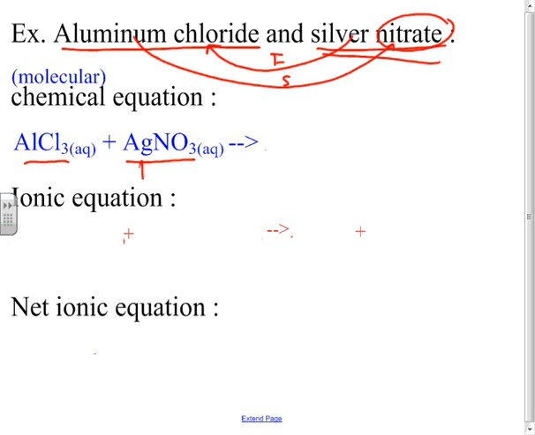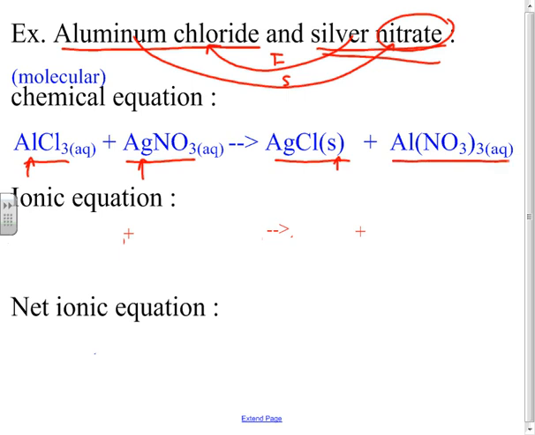We're going to switch the silver and the aluminum ions, and so we will end up with not aluminum chloride and silver nitrate, but silver chloride and aluminum nitrate. And so the product is going to look like this. The silver chloride is the precipitate, and S here does not stand for soluble, it stands for solid. And aqueous aluminum nitrate, that is soluble, so it's going to be aqueous, dissolved in solution. So we do get a precipitate, a solid that forms.